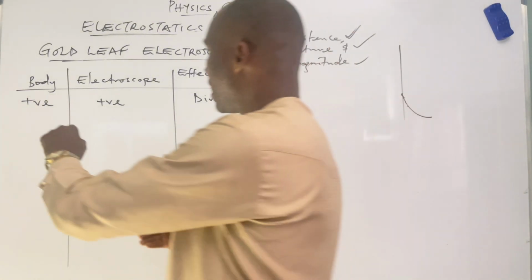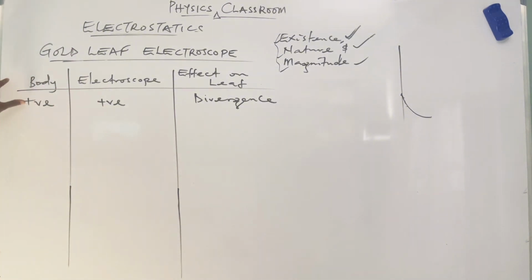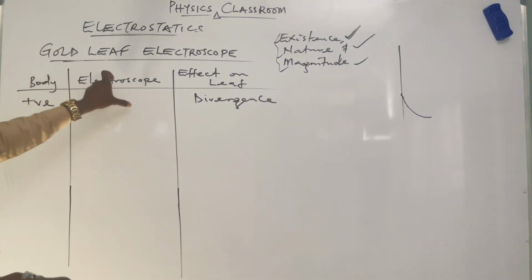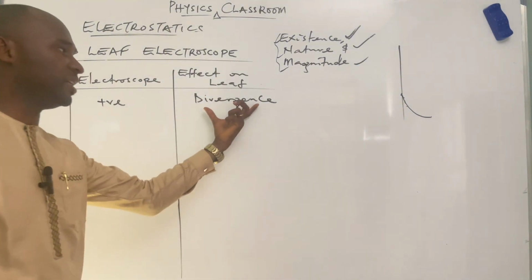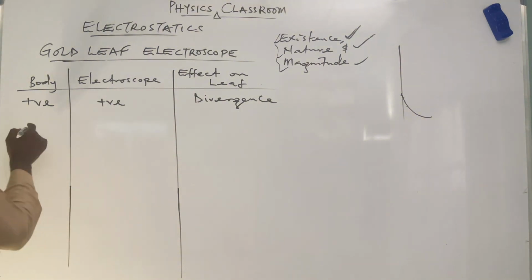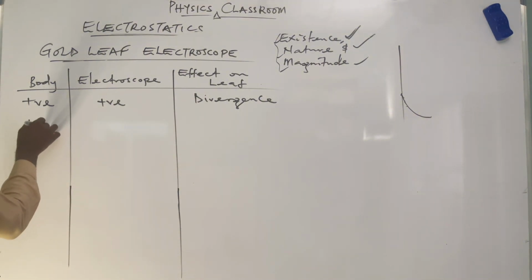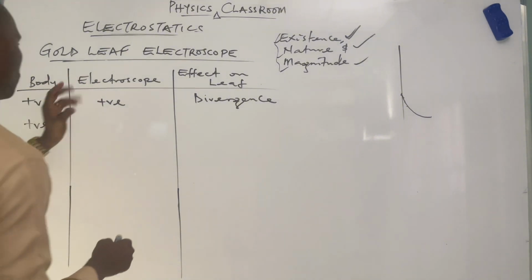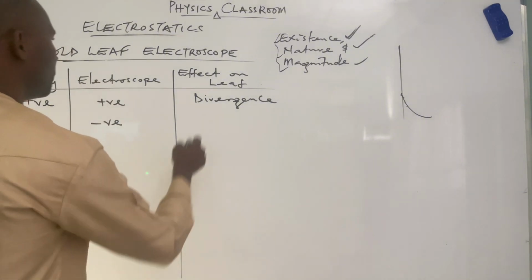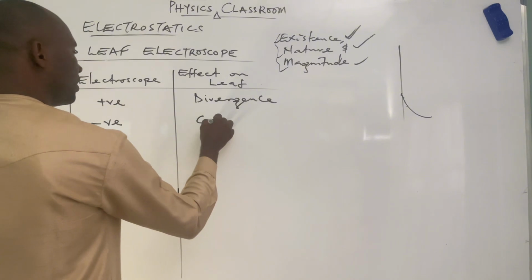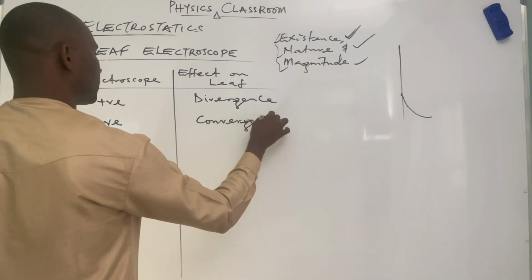So when we have a positively charged body being brought closer to a positively charged electroscope, the effect on the gold leaf will be divergence. When we have a positively charged body being brought closer to a negatively charged electroscope, the effect on the leaf will be convergence.